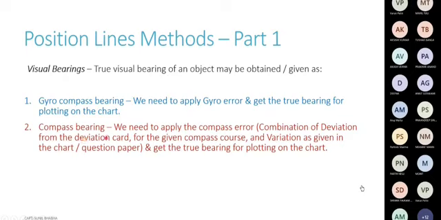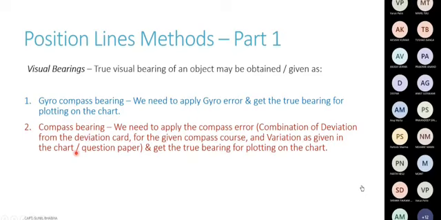Now, if a compass bearing is given to us, then to convert it to true bearing, we need to apply the compass error. Compass error is a combination of deviation, which is obtained from the deviation card for a particular compass course, and variation, which may be given in the question paper, or may be picked up from the chart.